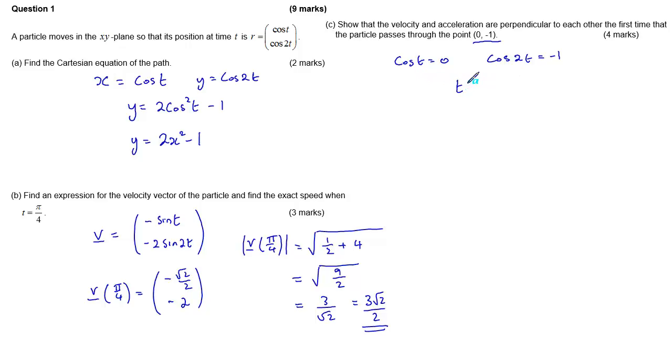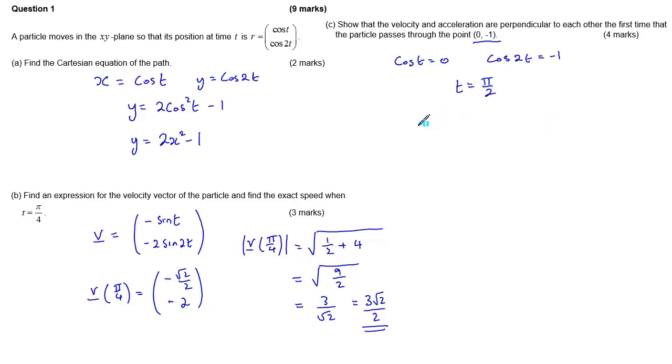Well, if we have t equal to pi by 2, that would do the trick, because cos of pi by 2 is 0 and cos of pi is equal to negative 1. This must be the first time, because when t is 0 we're not at the point (0, negative 1).